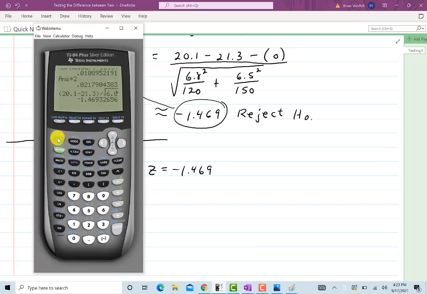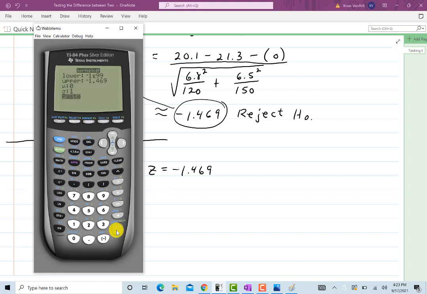Second, DISTR. And I'm looking for number 2 for the normal CDF. The lower's what I want, good. Negative, that's its version of negative infinity. Then we have negative 1.469, and you can use as many decimal places as you want. You'll just get more accuracy the more places you go.